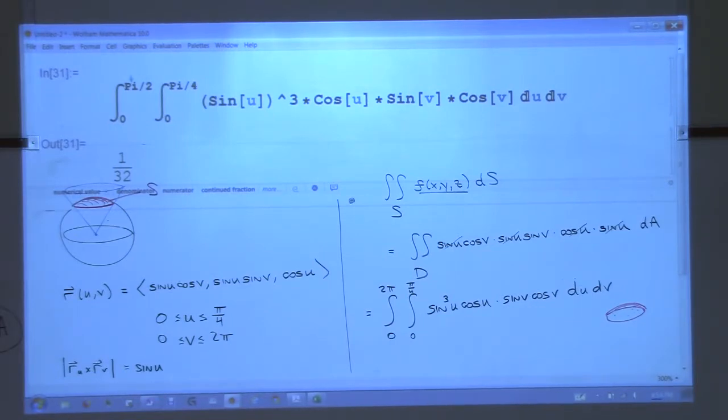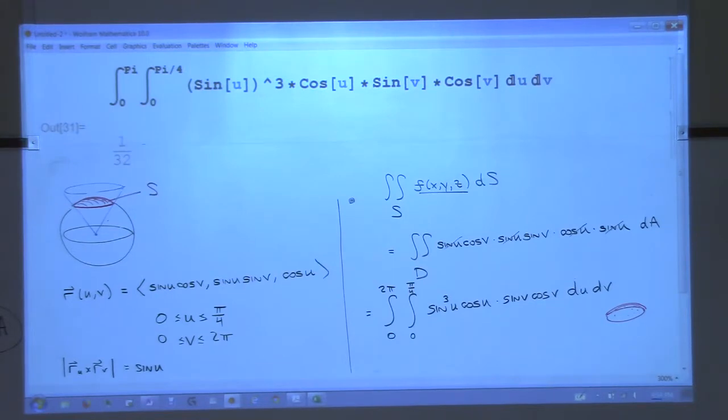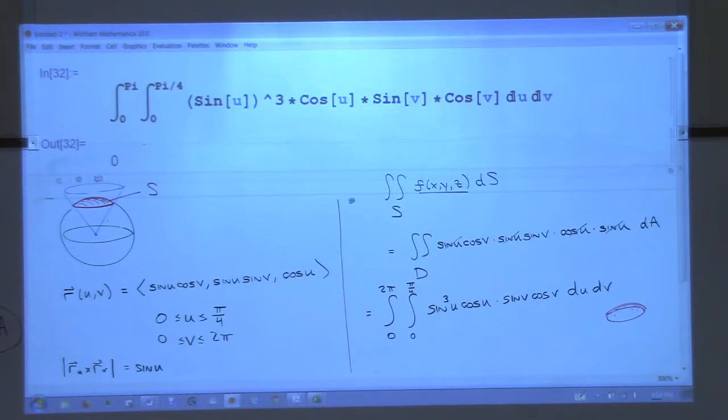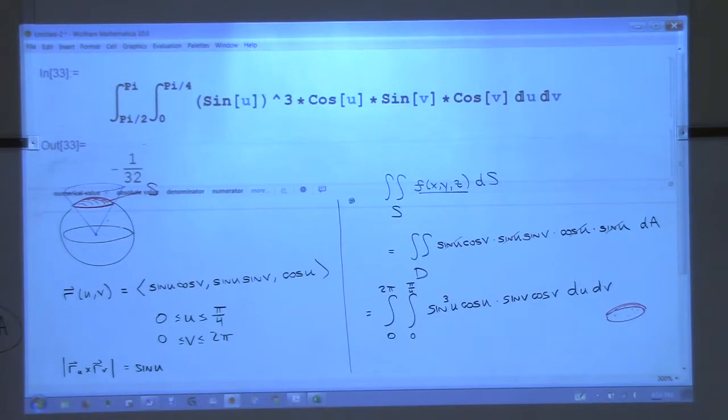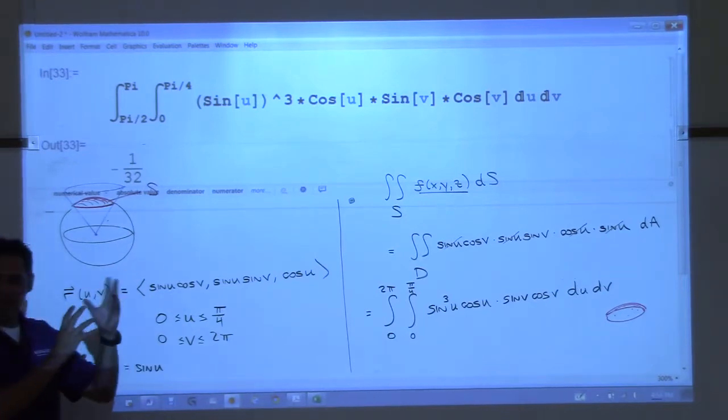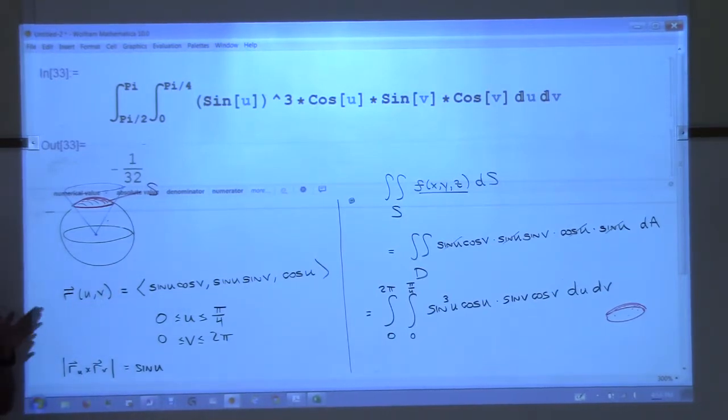What if we go from 0 to pi? That should cover the first and second octants, right? 0. What if we went from pi over 2 to pi? Negative 1/32. So you see what's happening here? It's just the symmetry of the problem. That's why we're getting 0 in both answers.